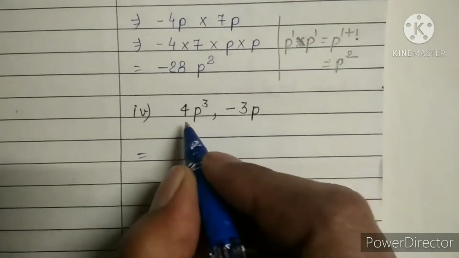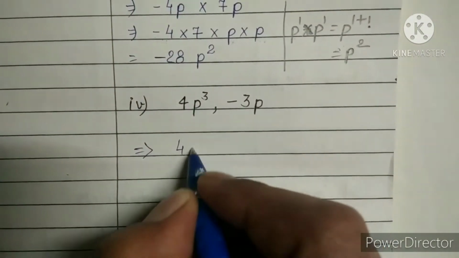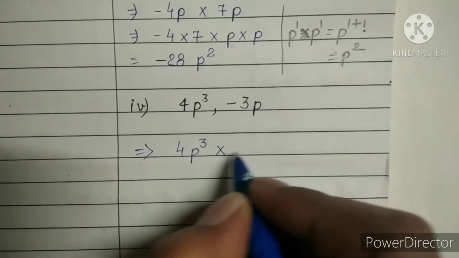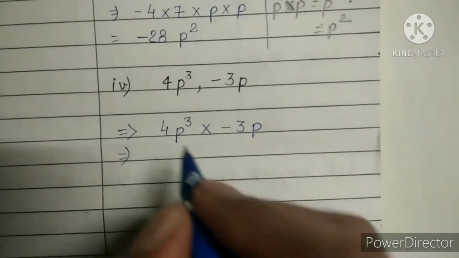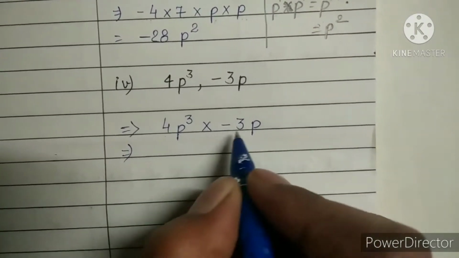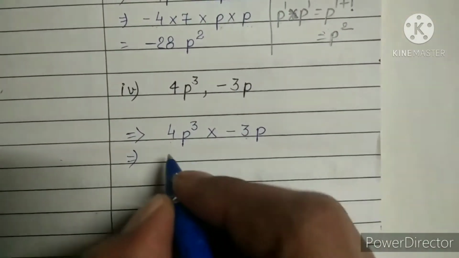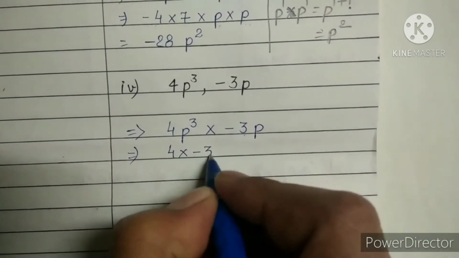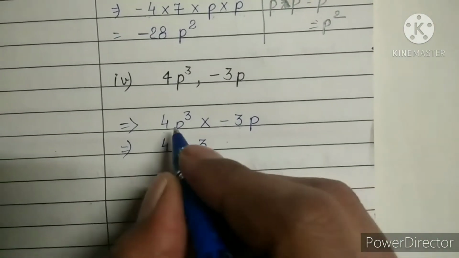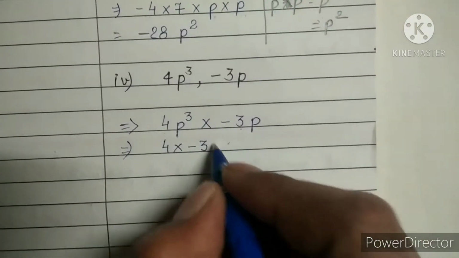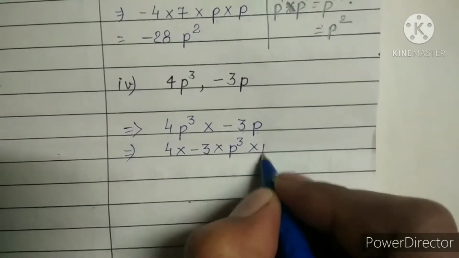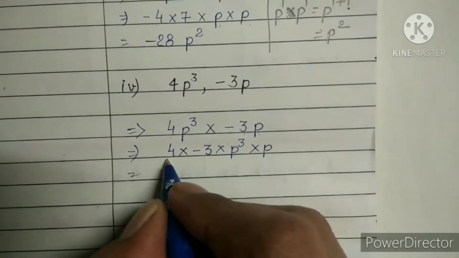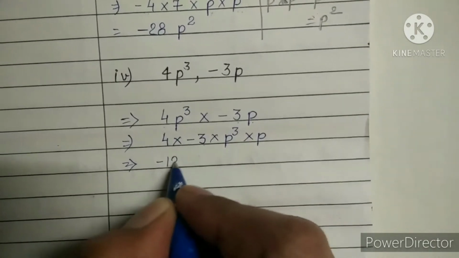Now the fourth. In the fourth we have to multiply 4p cube by minus 3p. Firstly we multiply numerical coefficient with numerical coefficient, so 4 will multiply by minus 3. 4 threes are 12, with a negative sign.